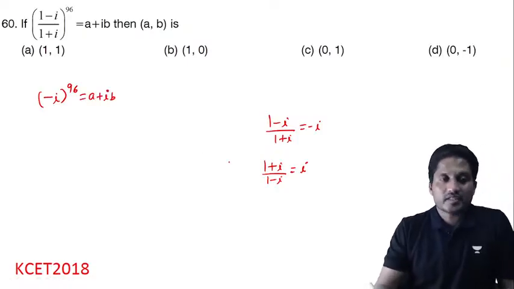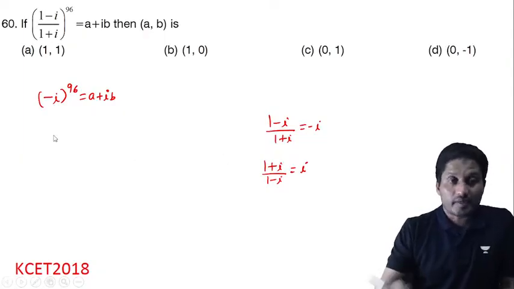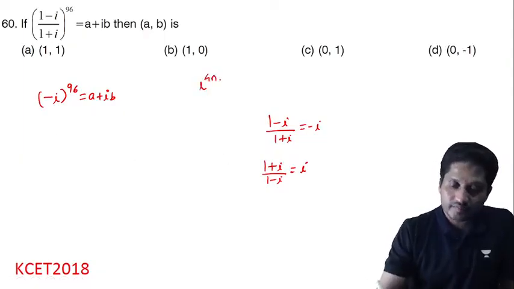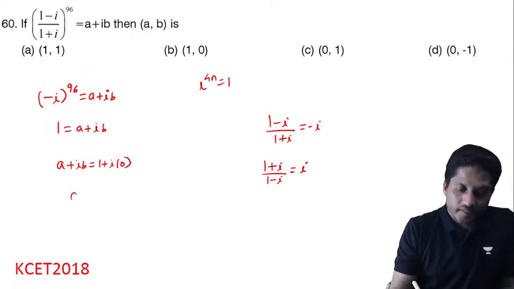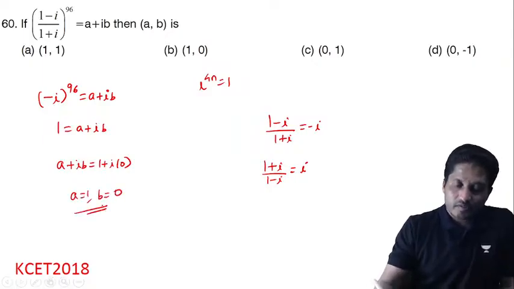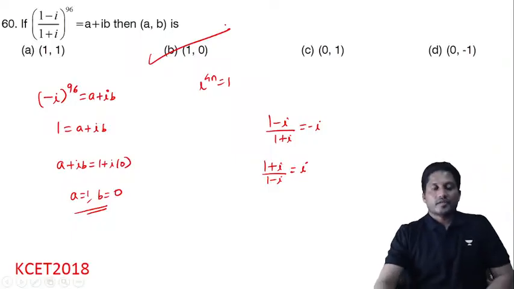Minus i to the power of 96 is plus i to the power of 96. i to the power of a multiple of 4 is always 1. 1 is equal to a plus ib. Can be written as a plus ib equal to 1 plus i into 0. Equate the real part, a is equal to 1. Equate the imaginary part, b is equal to 0. Point is 1 comma 0. Right?